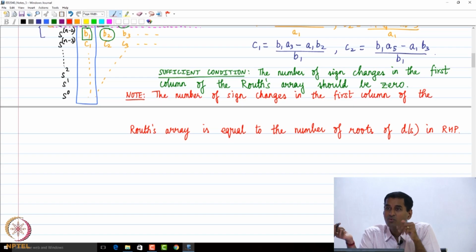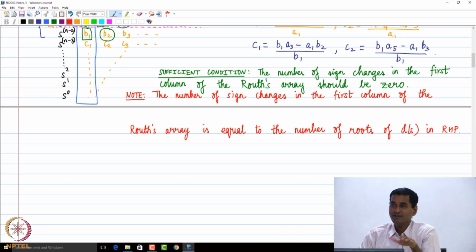How are they going to be reflected in this Routh's array? Till now I only talked about positive and negative numbers, but you can always have a 0 as a first entry. If you have a 0, then we need to follow a different process, and that may imply roots on the imaginary axis. We are going to test those scenarios. I'm going to come to your question maybe tomorrow.